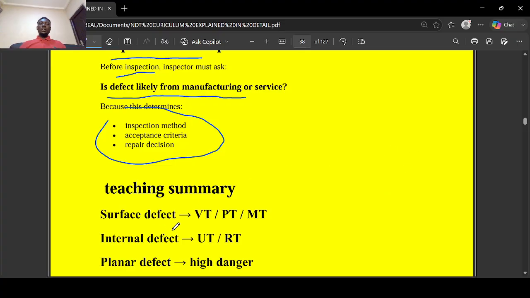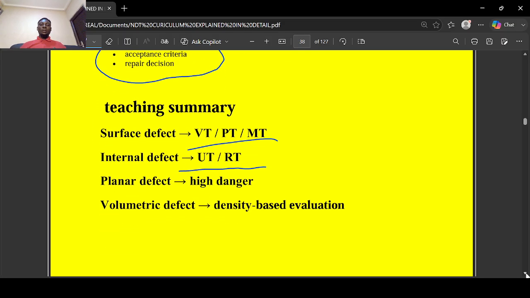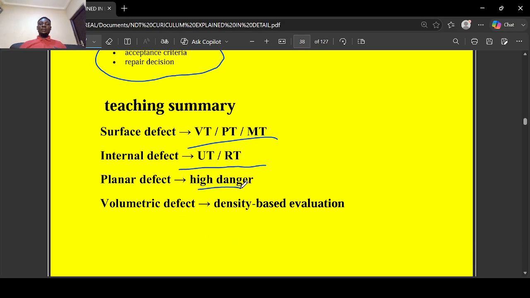Teaching summary: surface defects, visual testing, penetrant testing, and magnetic testing. Internal defects, ultrasonic testing and radiographic testing. Planar defects, high danger. Volumetric defects, density-based evaluation.